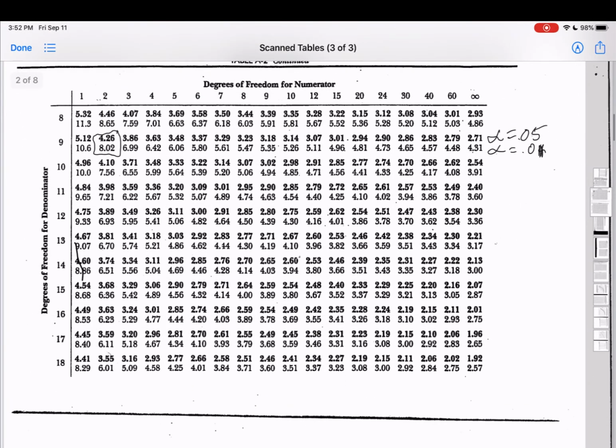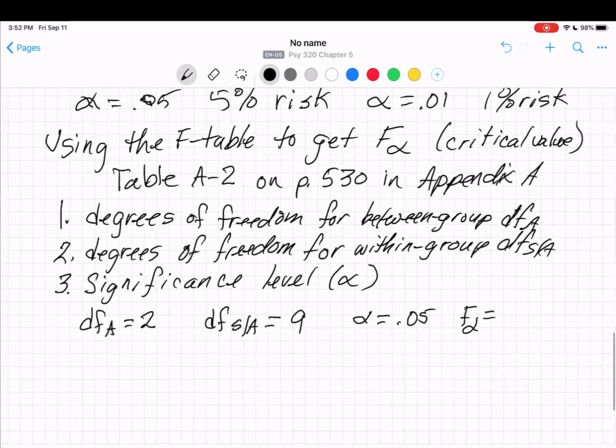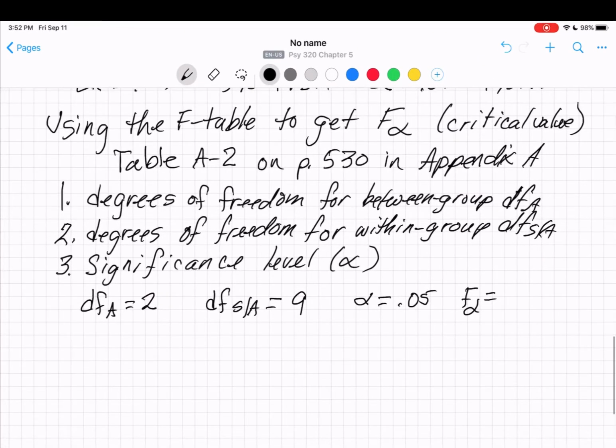Okay, so I'm going to go ahead and close this. So remember, we want to use 4.26, which is the number I actually wrote already. All right, so it's 4.26. All right, and so that's how you look up your critical value in the statistical tables.